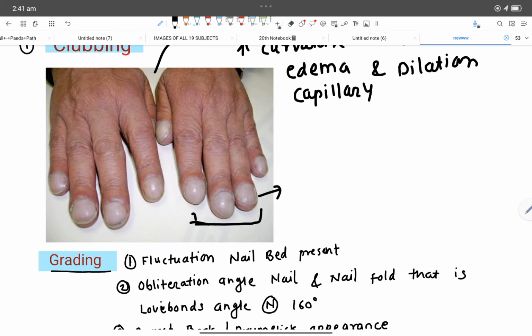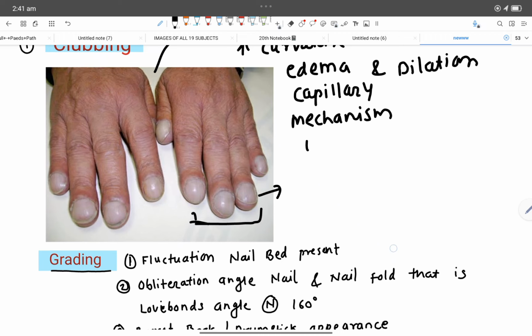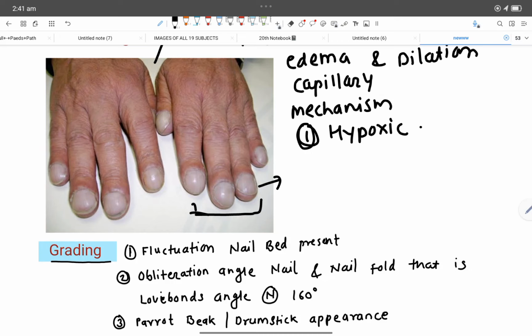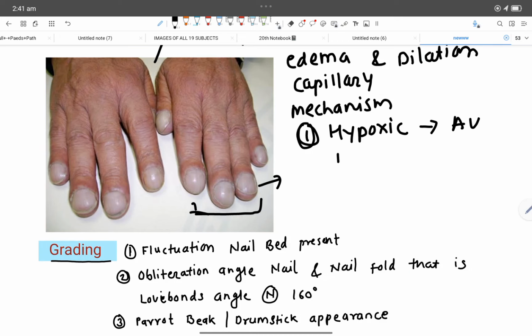So the main mechanism for causing clubbing: first is the hypoxic theory. It is when an AV fistula causes increased blood supply to the finger and decreased supply to the toe, leading to hypertrophy.